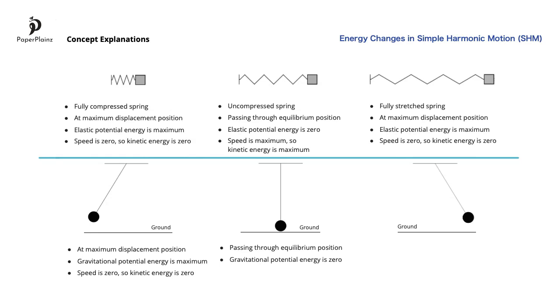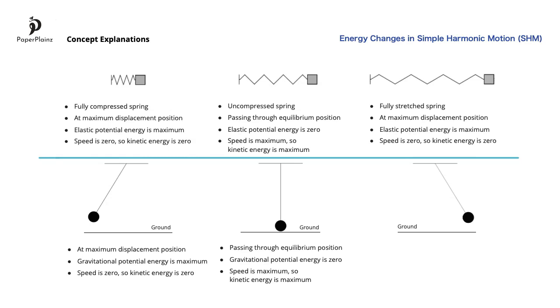Otherwise, we could say that gravitational potential energy is at its minimum. By now, all gravitational potential energy has converted into kinetic energy, so speed is a maximum and kinetic energy is maximum as well. After passing through the equilibrium position, the pendulum starts to gain height and lose speed.